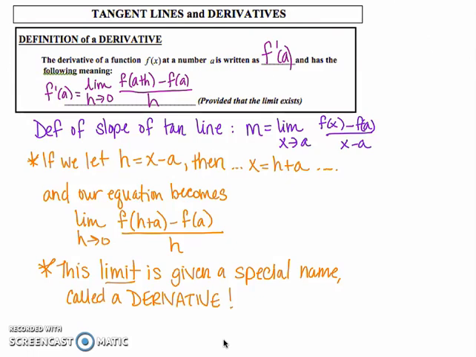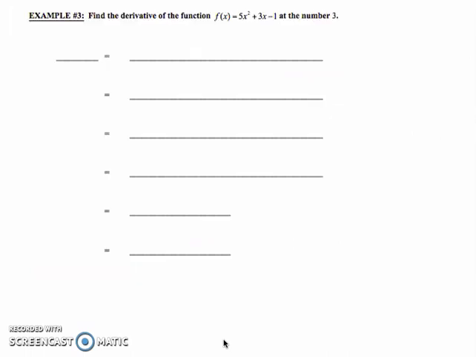So let's use this new definition that we just learned for finding a derivative to calculate the derivative of the function f of x equals 5x squared plus 3x minus 1 at the number 3. Okay, so our job here is to find f prime of 3. So that 3 value is our a value.